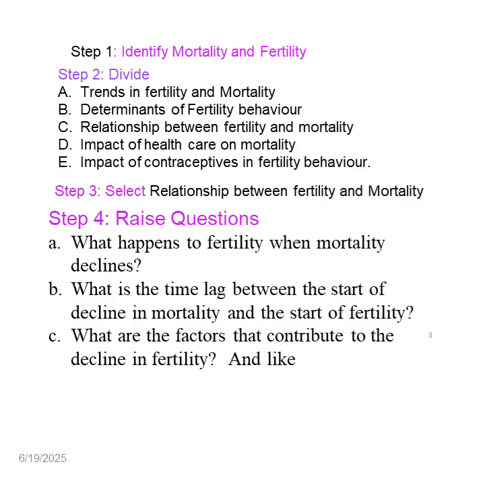Trends in fertility and mortality. First, you have to see trends. The second, determinants of fertility behavior. What determines fertility? We have to identify. Then, the relationship between fertility and mortality. What is the relationship? Is it a positive or negative relationship?